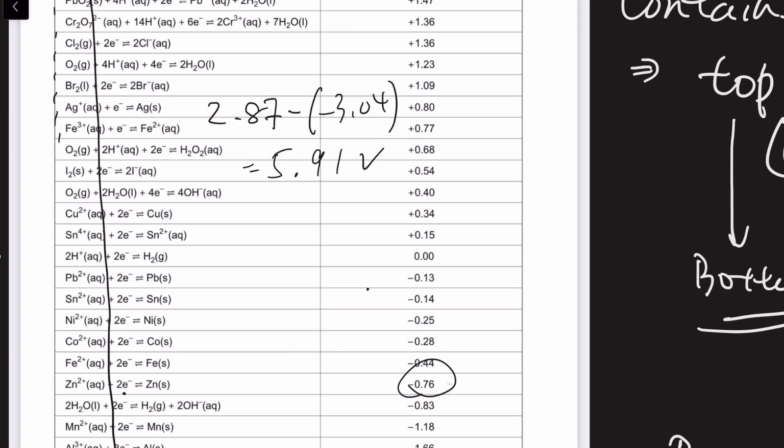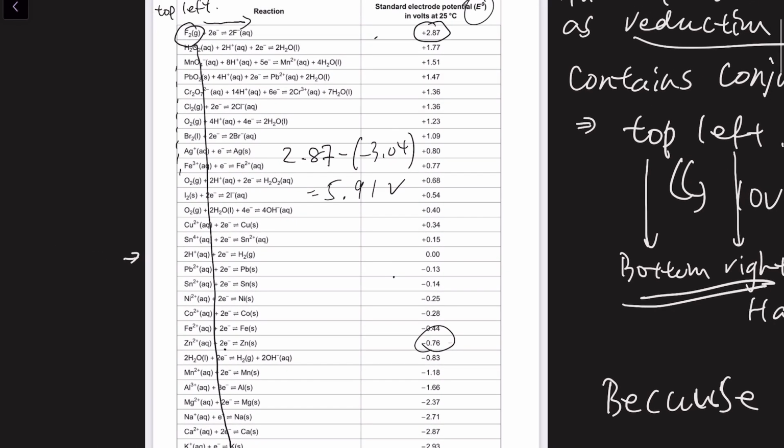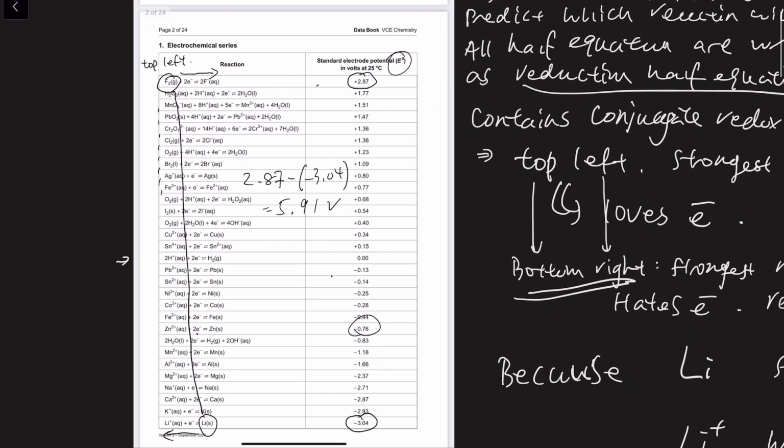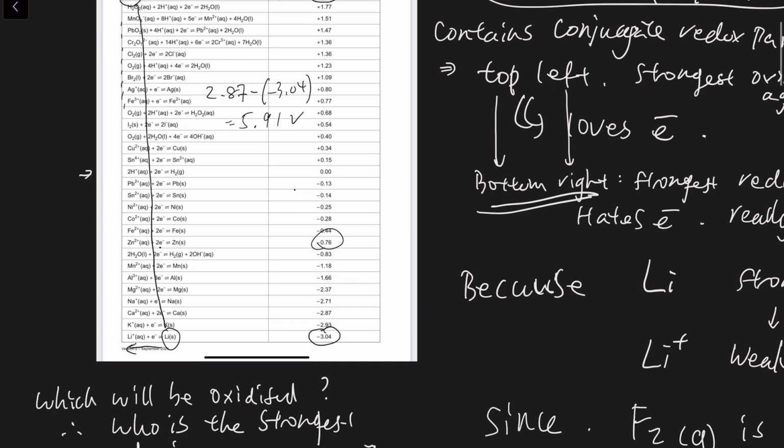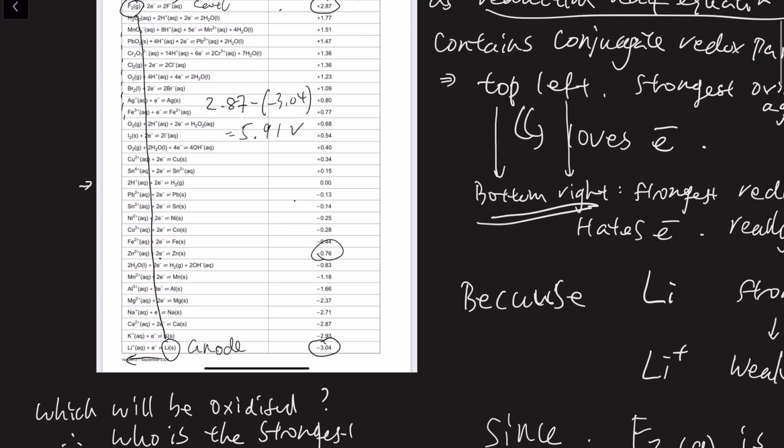So this is the theoretical maximum voltage of this particular galvanic cell. And the anode would be the lithium anode, and the cathode would be here.